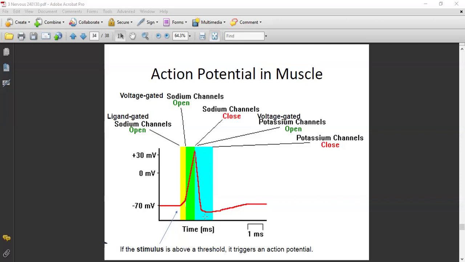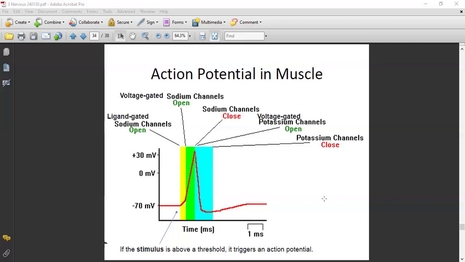Then you have the repolarization, which is contributed by voltage-gated potassium channels opening, and the potassium leak will cause repolarization, and then plateau, resting membrane potential. So that is how our lower motor neuron controls the muscle. And this one summarizes the motor nervous system. And so that is it.